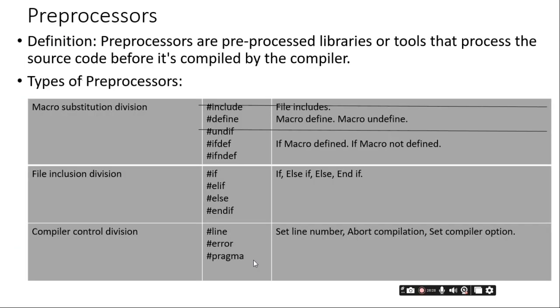Then the next and last major unit within advanced C programming is preprocessors. Preprocessors are the preprocessed libraries or tools that process the source code before it is compiled by the compiler. Up till now you have used #include multiple times while writing every C program, from basics until now, from first semester till second semester.